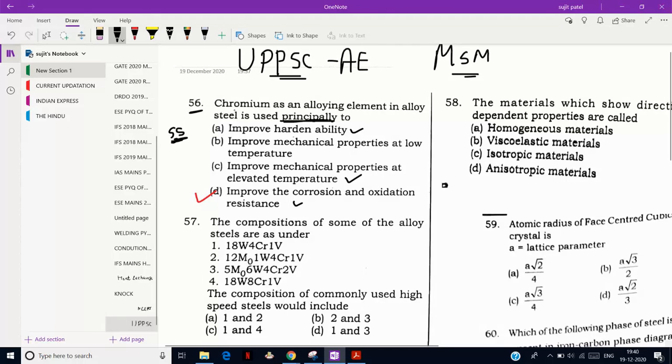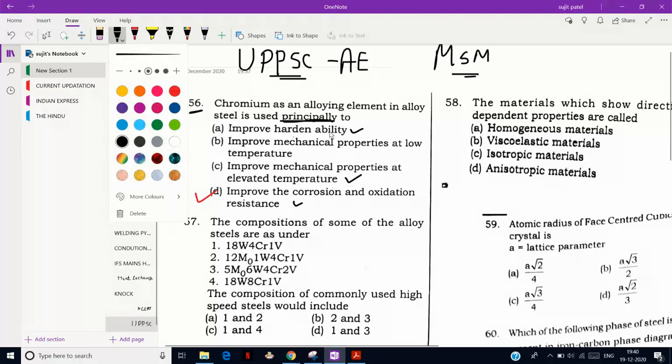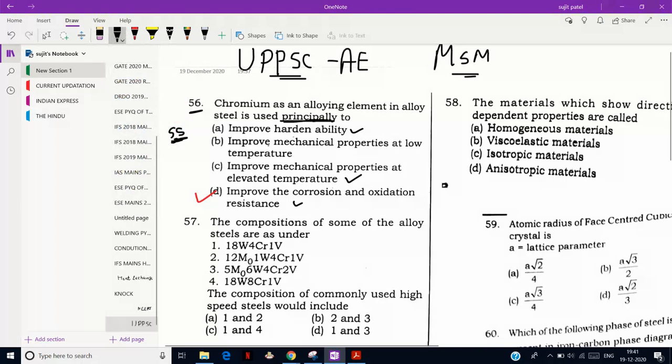Why not improve hardenability? Because if we add other materials like sulfur, then it also improves the hardenability.